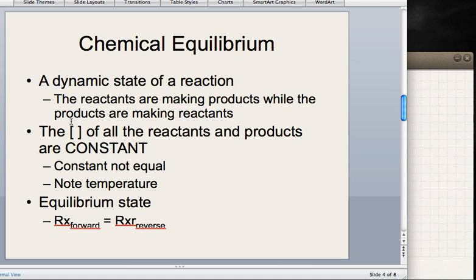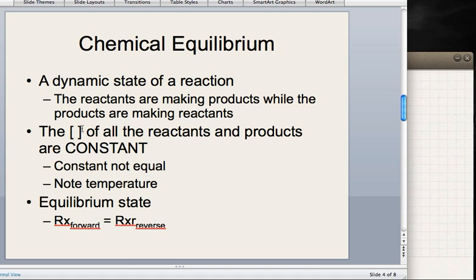And the reverse is true if it favors the reverse reaction. These brackets here refer to the concentration of the products and reactants. We'll assume they're constant, and constant doesn't mean they're equal. Like I mentioned before, because it's based off the collision model, most of these depend on two things: the concentration and the temperature.